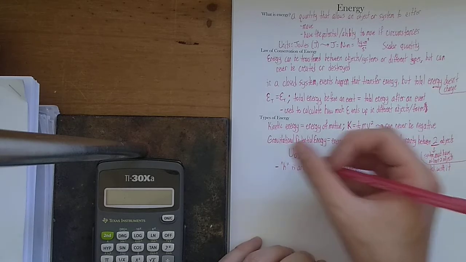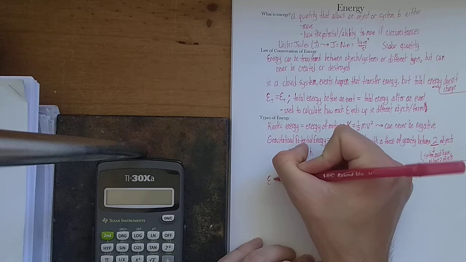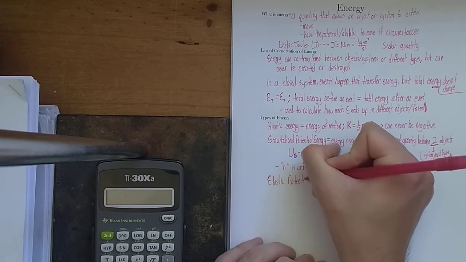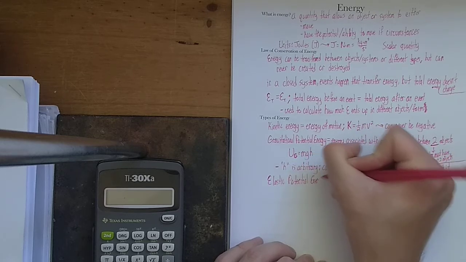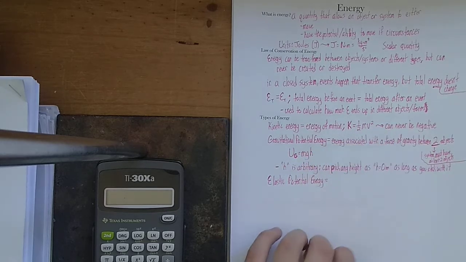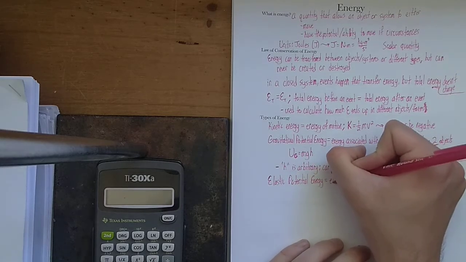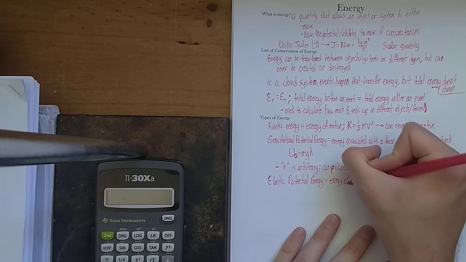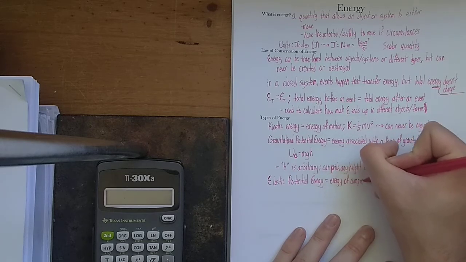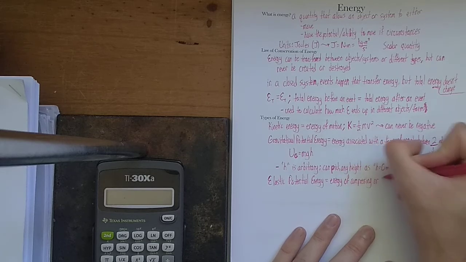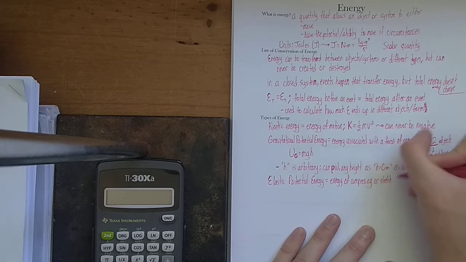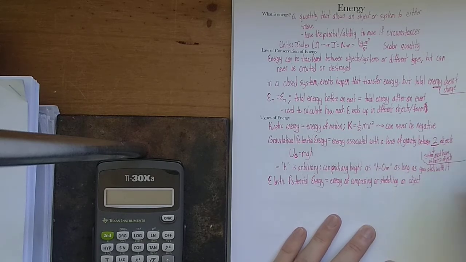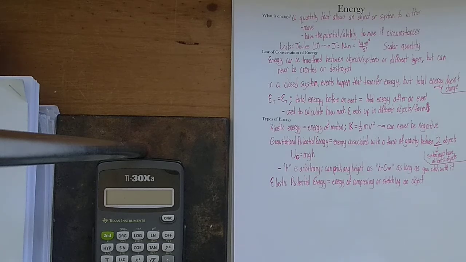We're also going to talk, let's see, what comes next? Elastic potential energy. It's another potential energy, and this is the energy that deals with compressing or stretching an object. I guess if you want to replace stretching and compressing, you could say the deformation of an object, changing its shape.